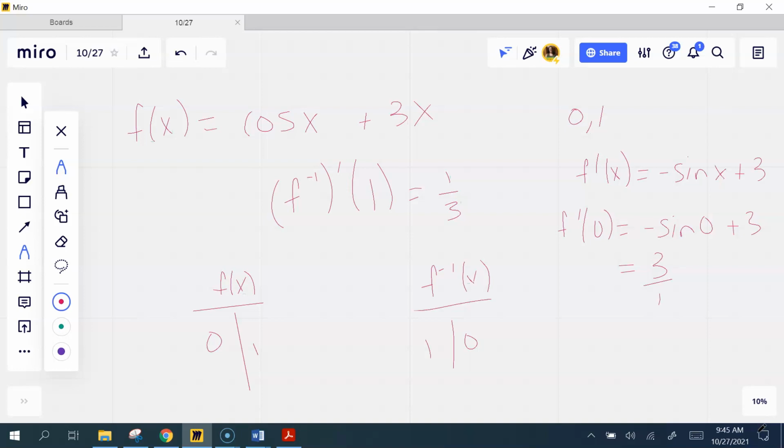I think you're doing the steps, but you're doing them backwards. I feel like you're flipping first and then you're plugging in. Is that what you're saying? I know the derivative of the inverse is 1 over f prime of x. So 1 over the derivative of f of x.